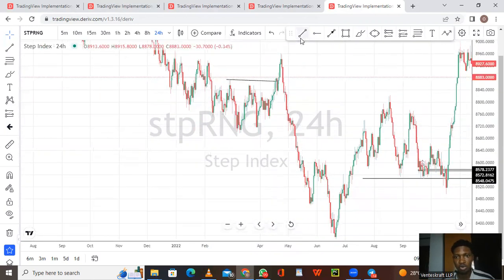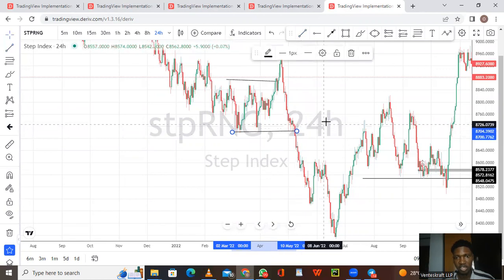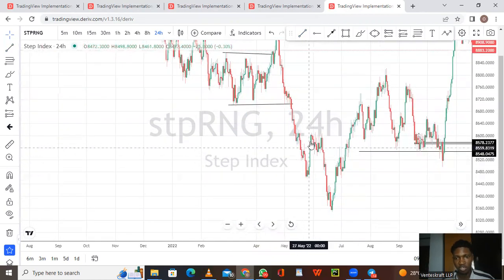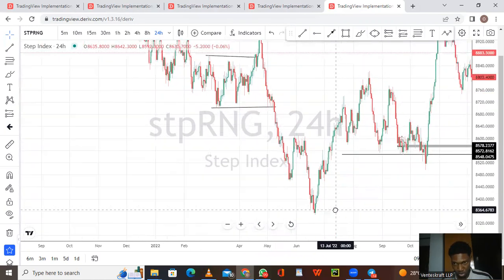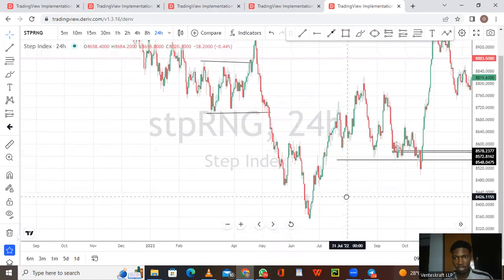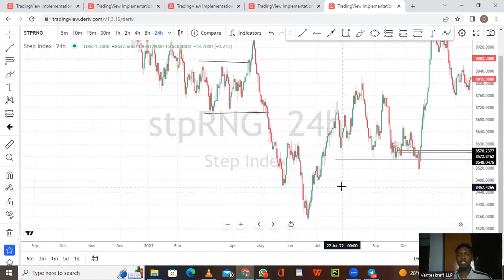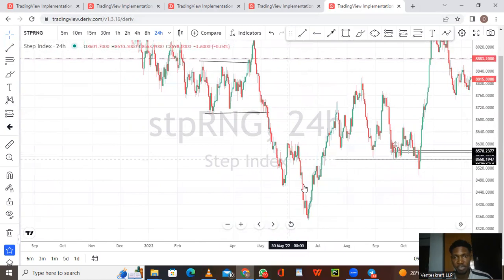Creating a new lower low, which means there is a break of structure within this level to create a new lower low here. Now this is the new lower high and the new lower low. From this point, the market shifted from being bearish towards bullish. How do I know that?